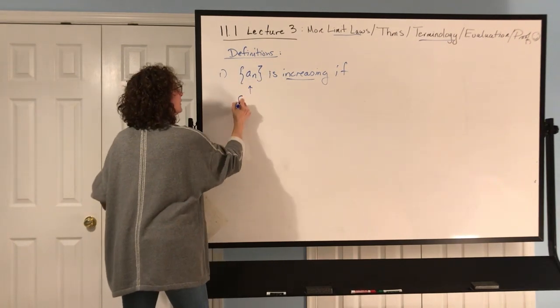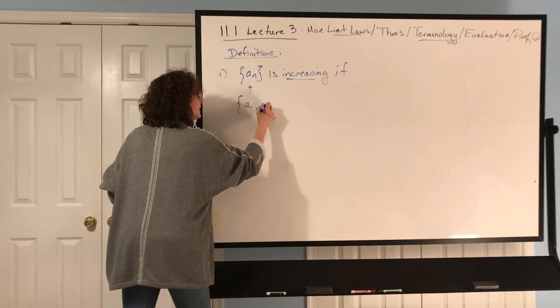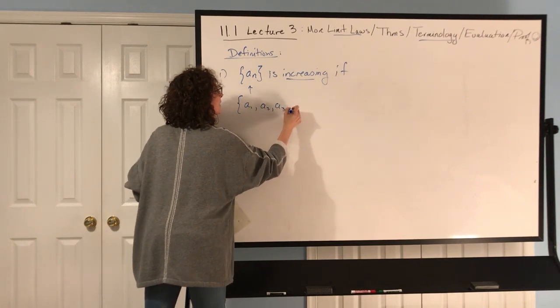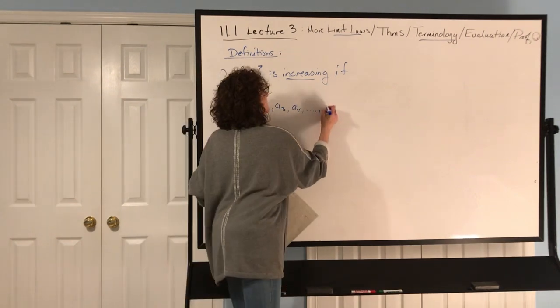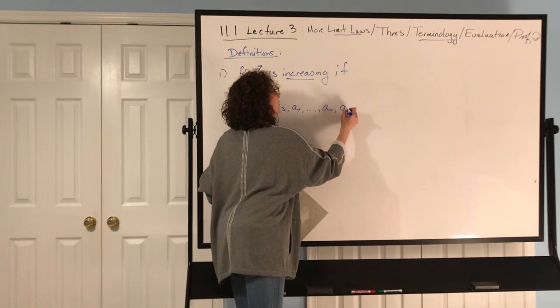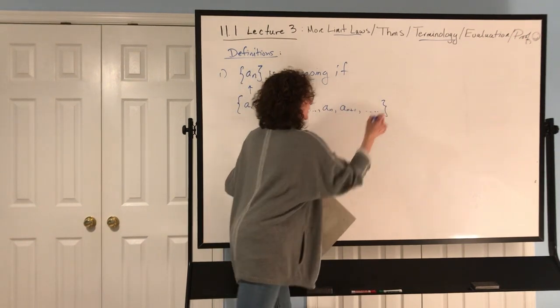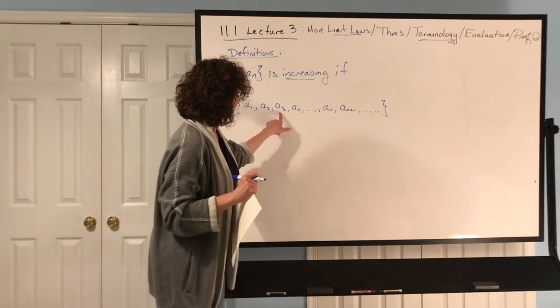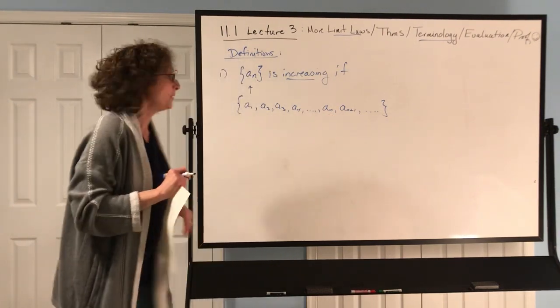This is shorthand for a set of infinitely many numbers listed in order: a1, a2, a3, a4, on and on forever. There's an a_n, and then there's always a next term, a_(n+1), and then it just keeps on going. Does that make sense? No matter what two pairs you pick.